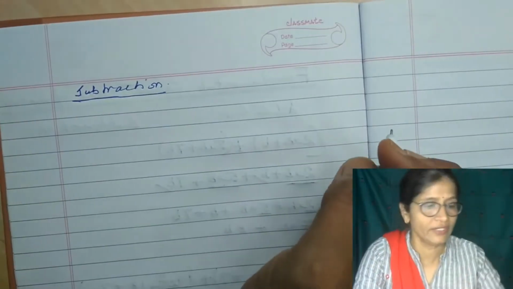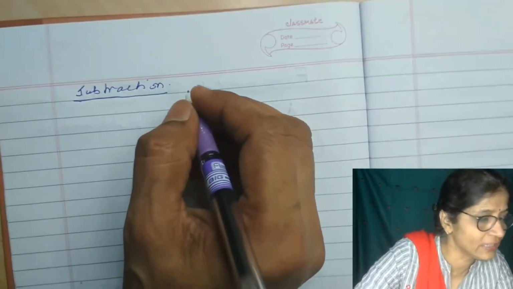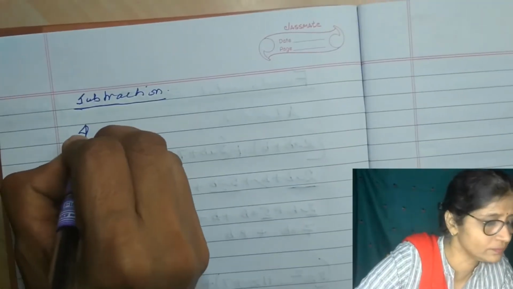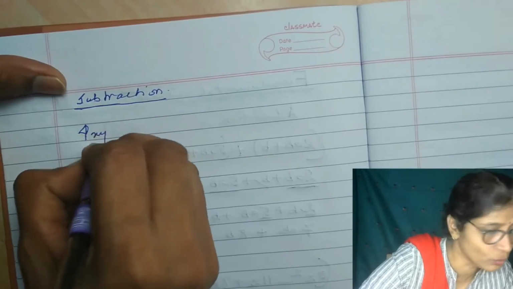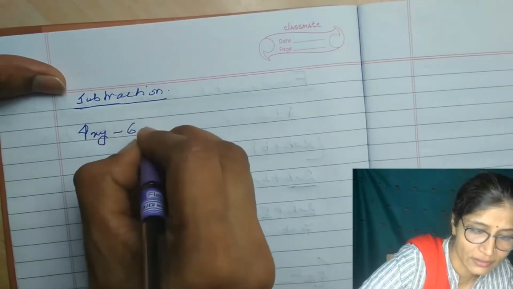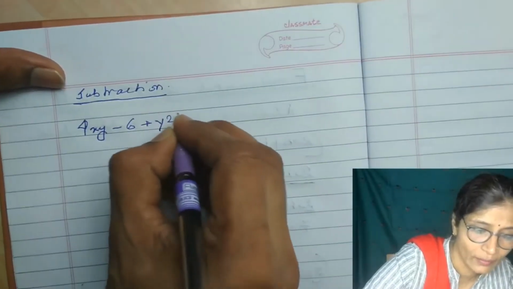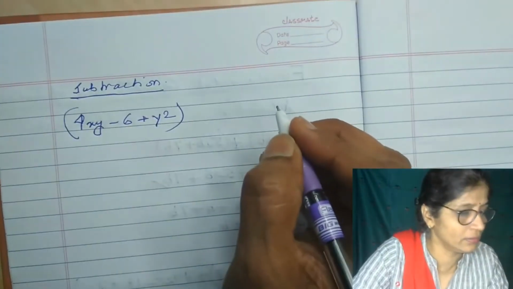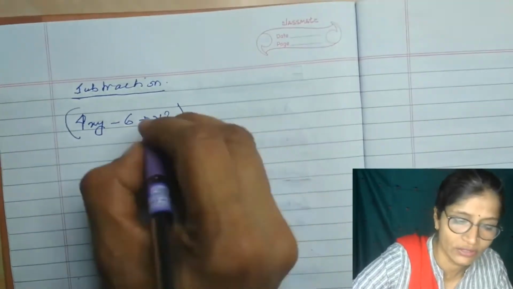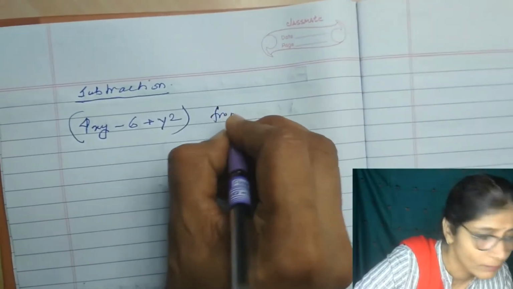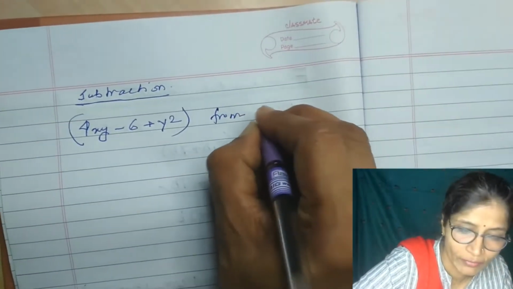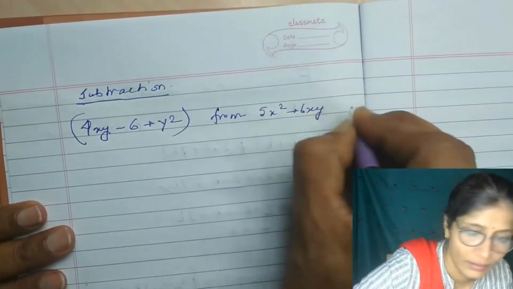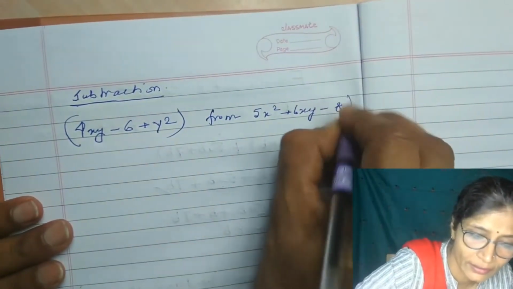Subtraction is also the same thing: we will collect the like terms. For example, it is given 4xy minus 6 plus y square. What you have to do is subtract this from 5x square plus 6xy minus 8.